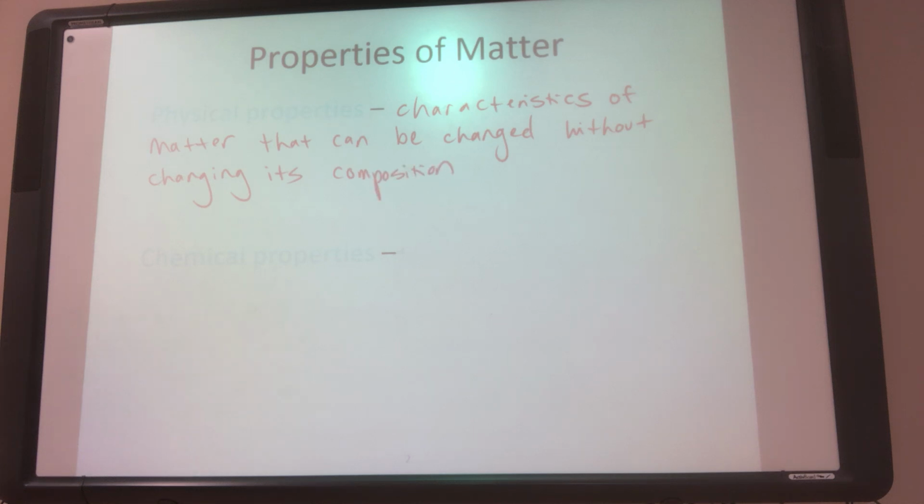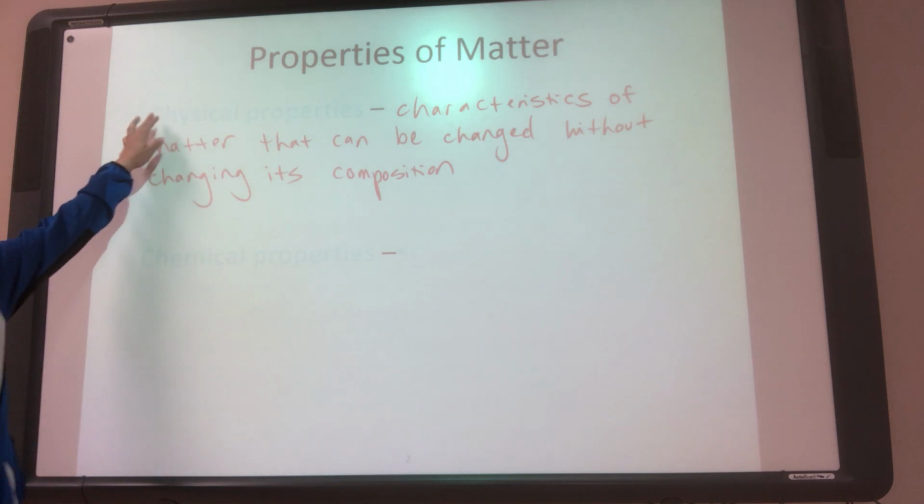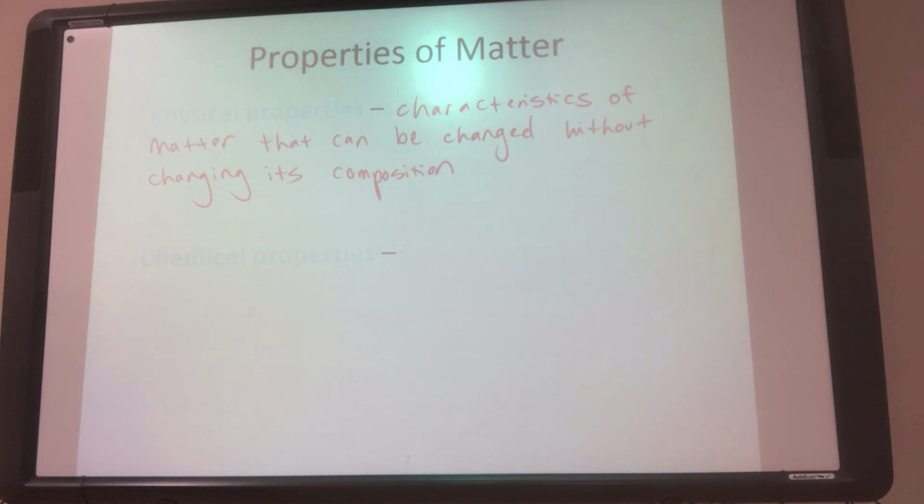So this is a characteristic that can be changed without changing its composition. So it's not changing what it is. And these are physical properties. This is kind of dark right here, but this says physical properties, this says chemical properties. You should have it on your printed out sheets. So these are things that are directly observable.